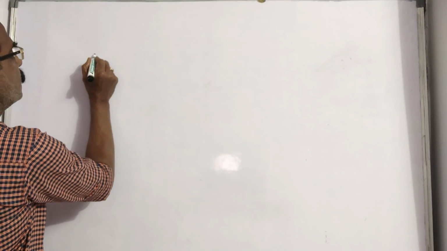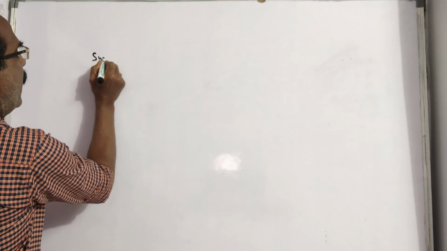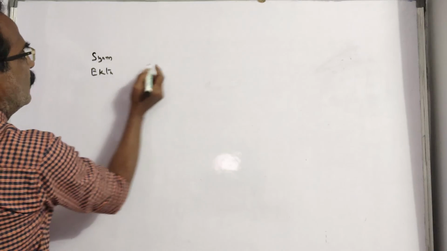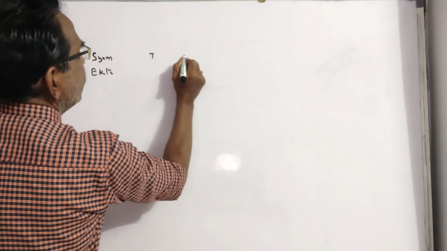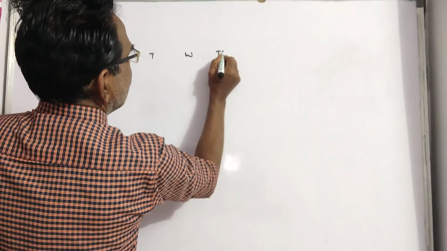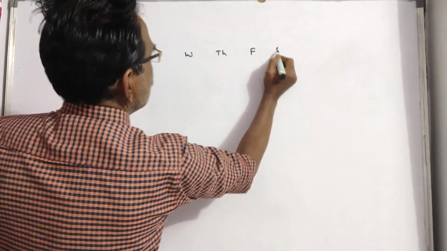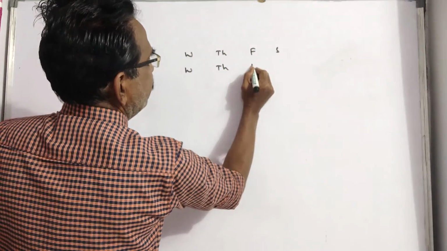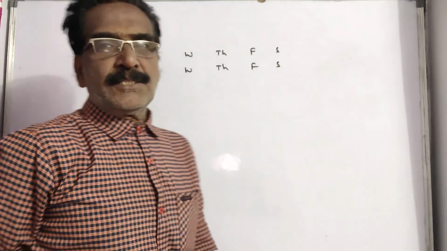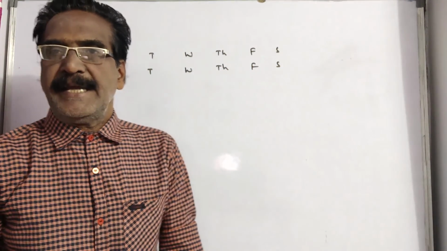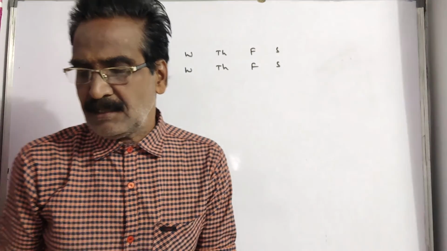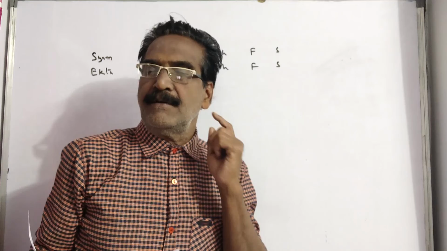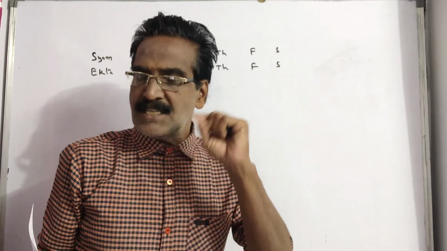Shyam and Ekta. Tuesday, Wednesday, Thursday, Friday, Saturday. So here Shyam and Ekta are two customers visiting a particular shop in the same week, from Tuesday to Saturday.